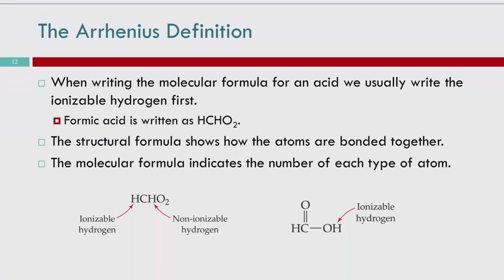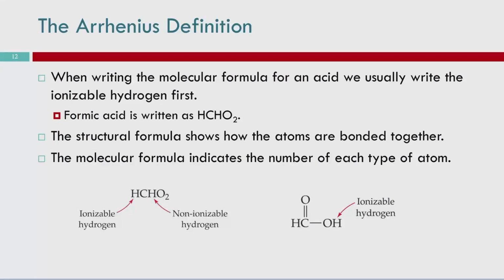Okay, when we are writing the molecular formula for acids, the ionizable hydrogen, sometimes multiple, go first. For example, the formula for formic acid, it's an acid because it's got acid in the name, is written as H in the front, CHO2.